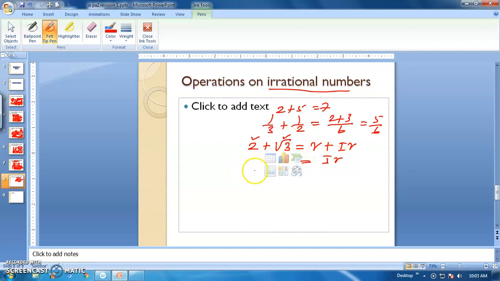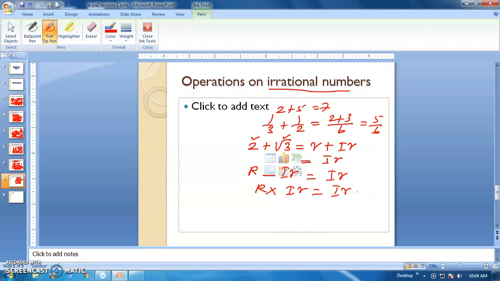And if you subtract a rational from an irrational, the result will be irrational. And if you multiply a rational and an irrational, the result is irrational. And if you divide any number by an irrational, it will become an irrational number. So if you operate an irrational number with any other rational or irrational, the result will be irrational only.